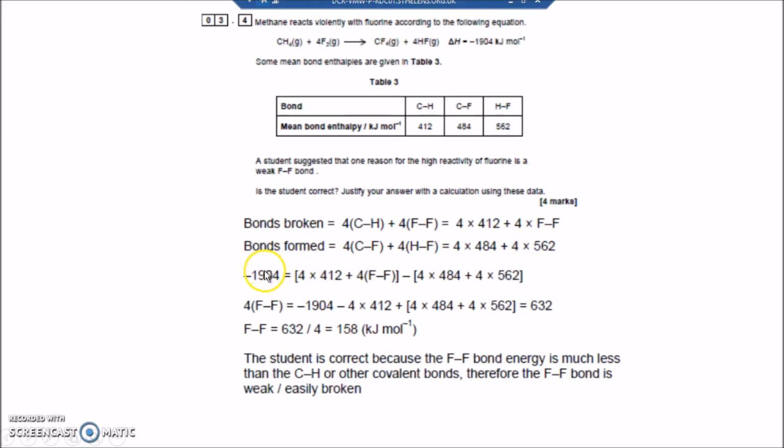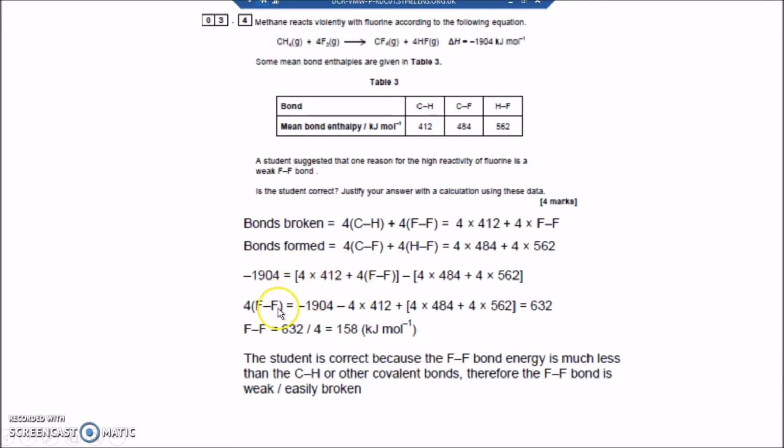And remember what I said, bond enthalpy, or delta H, minus 1904, equals the bonds broken, or the reactants, BERP, bond enthalpy, reactants take away products. Reactants or bonds broken here is this value, 4 times 414 plus 4 times F-F that we don't know, take away the products or the bonds formed, take away 4 times 484 and 4 times 562.